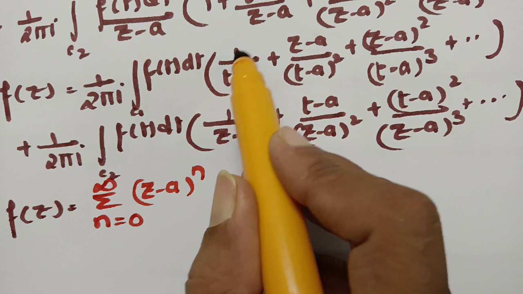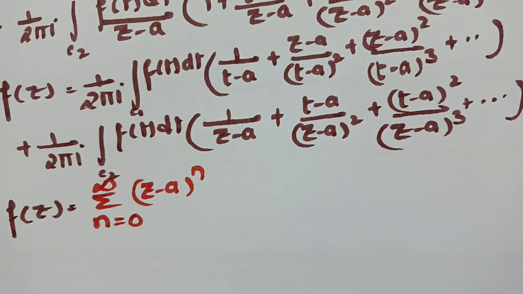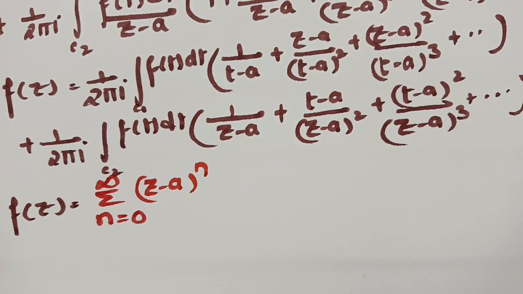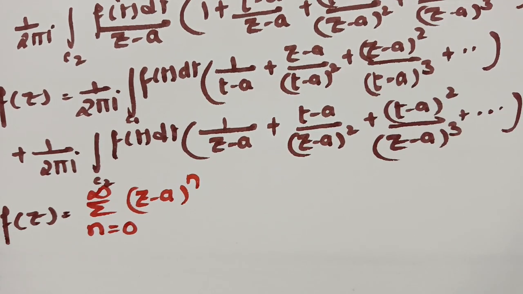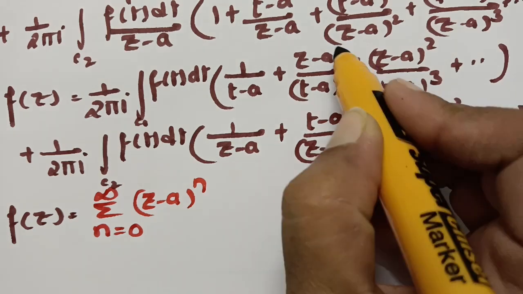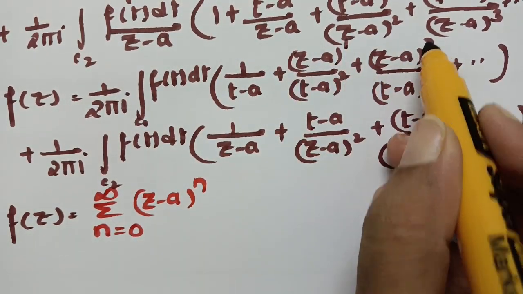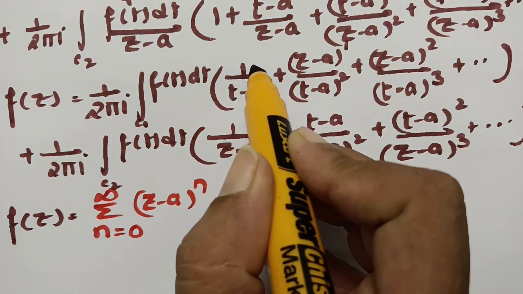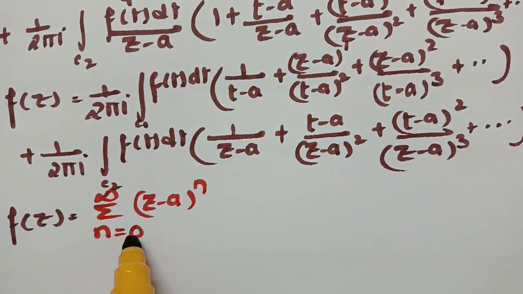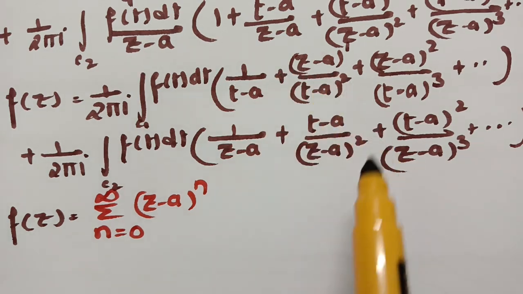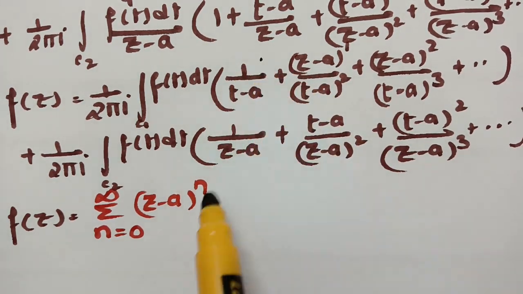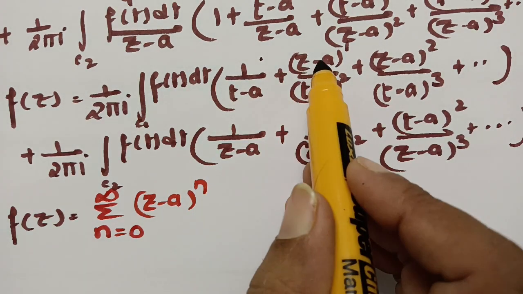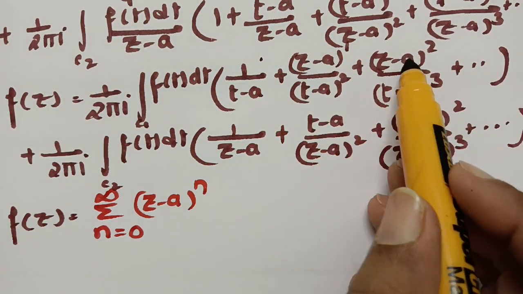So here (z minus a) power 1, this is (z minus a) square, and this is (z minus a) power 0. If I keep 0 here, I'll get (z minus a) power 0, anything to the power 0 is 1, (z minus a) power 1, (z minus a) square, plus and so on.